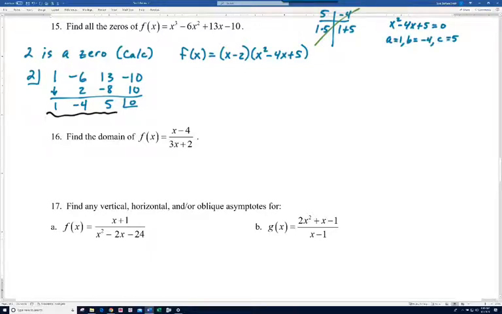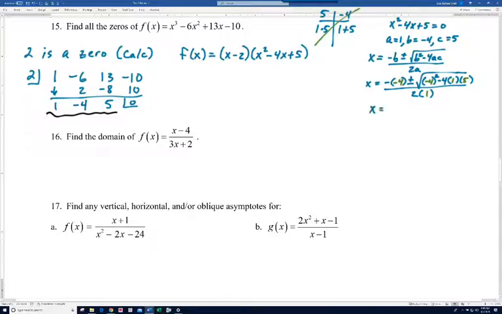So our a is 1, our b is negative 4, and our c is 5. I'm going to write down the quadratic formula. And then I'm going to make a shell, and let's go ahead and put in the numbers. And so b is negative 4, a is 1, and c is 5.